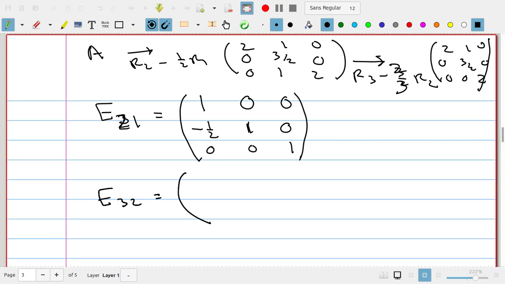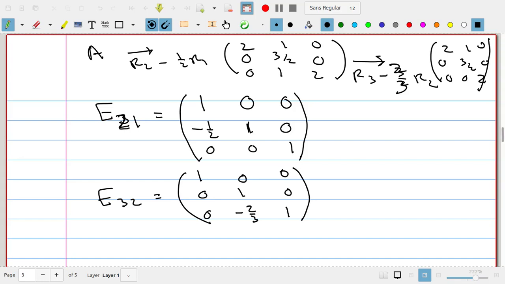So we're going to call this E32. This becomes R3 minus 2/3 R2. So 1, 0, 0, 0, 1, 0, 0, minus 2/3, 1.